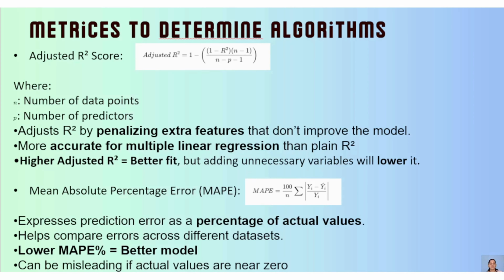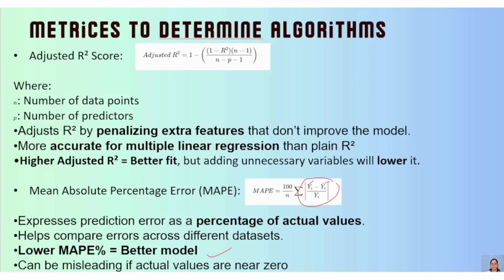Then we have one more metric which we are going to check, mean absolute percentage error. Mean absolute percentage error is a percentage of actual values. This is the formula: actual minus predicted divided by actual, and they are taking the mod of it, and here they are multiplying by 100 divided by the number of observations. A lower MAPE percentage means a better model.